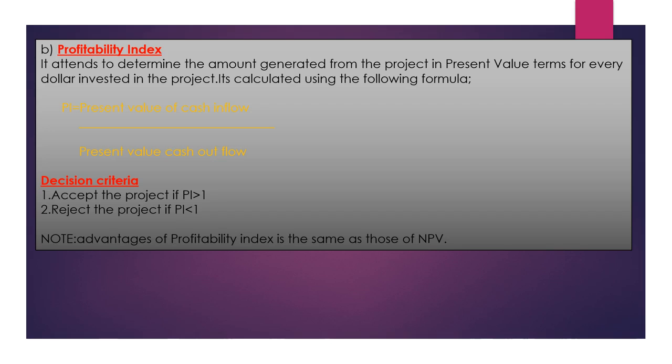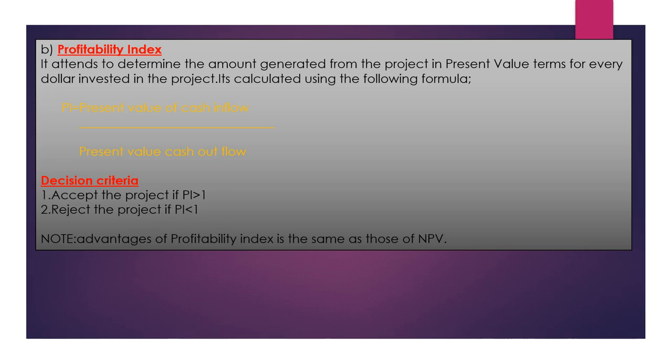It is calculated using the formula: present value of cash inflow divided by the present value of cash outflow. So this actually is like the opposite of NPV. Instead of subtracting, we divide.